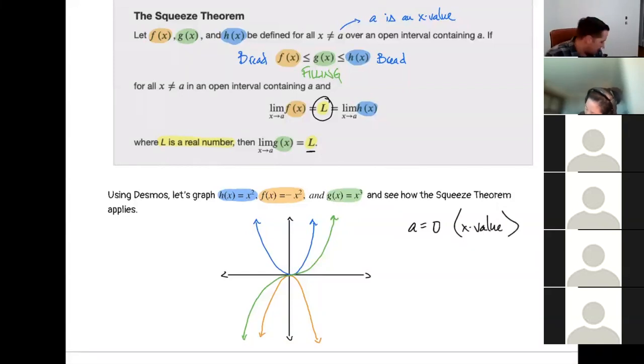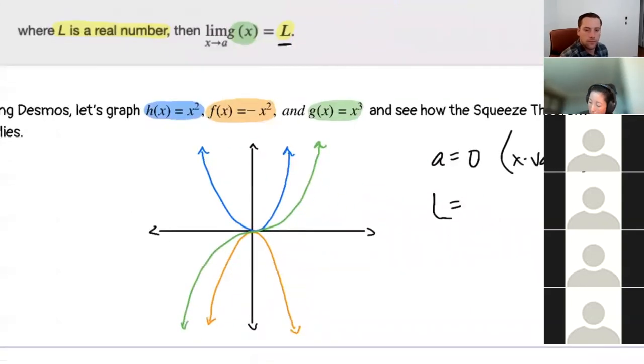What is the y value we would expect the green function to have at x equals 0? Let's pretend we didn't know. We would assume that because this goes to 0 and this has a y value of 0, if you go right in between them, you should also have a y value of 0.